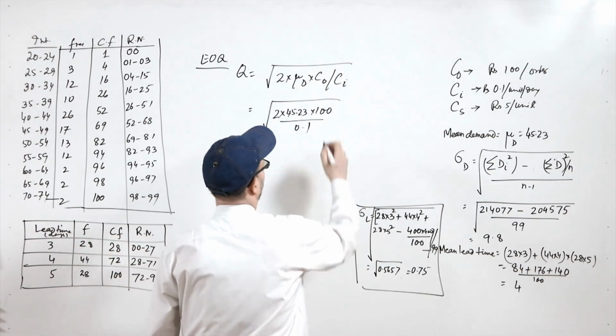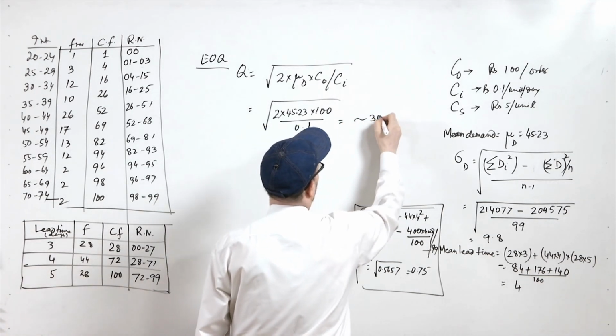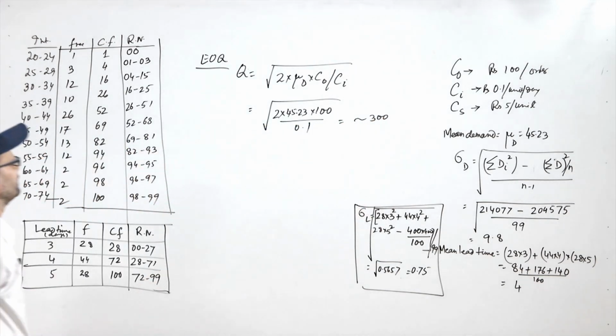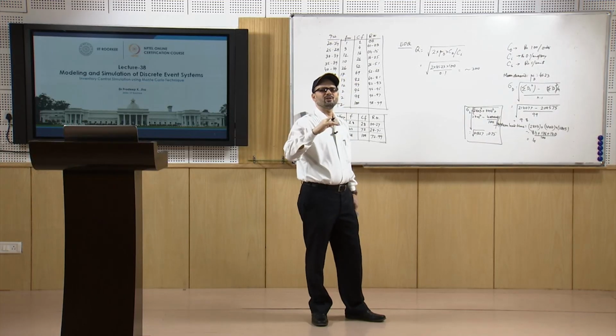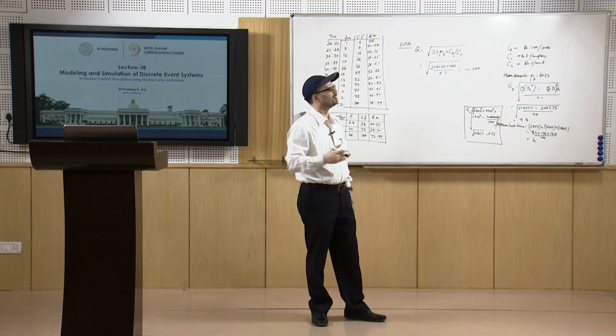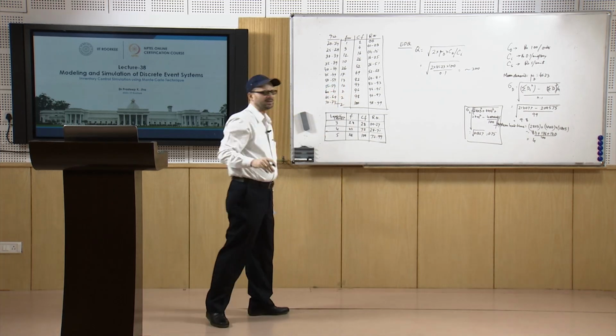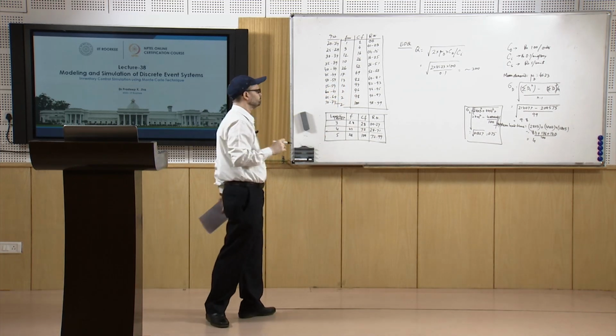That comes out close to 300. So we are taking the ordering quantity as 300. Whenever the stock quantity reaches below a certain limit, we have to order this quantity, because we are going for a fixed quantity system.